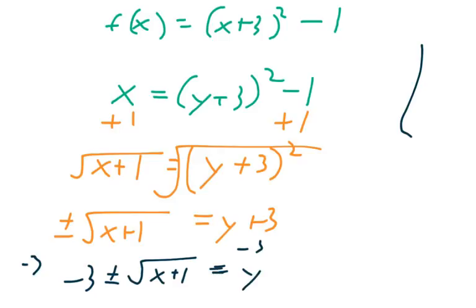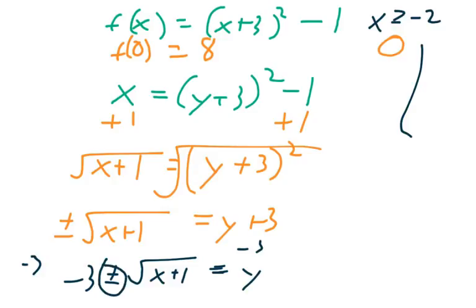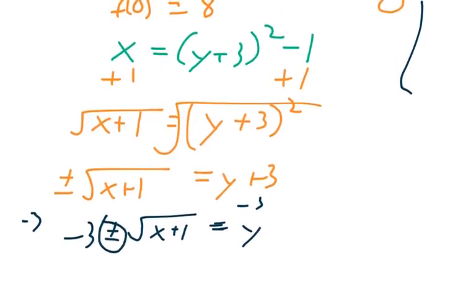Now at the very beginning it said x had to be greater than or equal to negative 2. So I'm going to plug in a number that's bigger than negative 2, so I'm going to plug in 0. When I plug in 0, f of 0 is equal to 8. So since 8 is the answer here, the question is, should I use plus or minus down here?